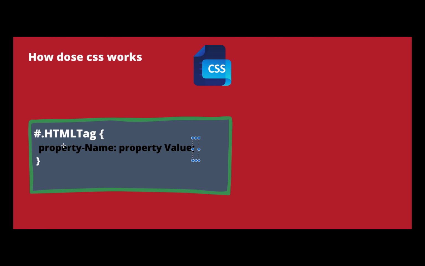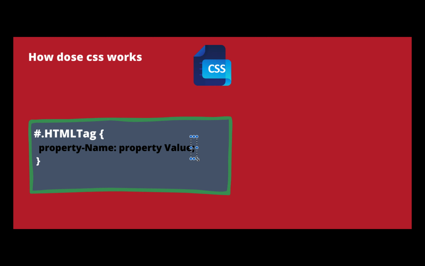So once again, first of all, we have to write the HTML tag that we want to style. Then between these two curly braces, we are going to add the body. First we write the property name, for example, background color, then a colon, then the value, for example, red. And we use the semicolon in order for us to end our line.